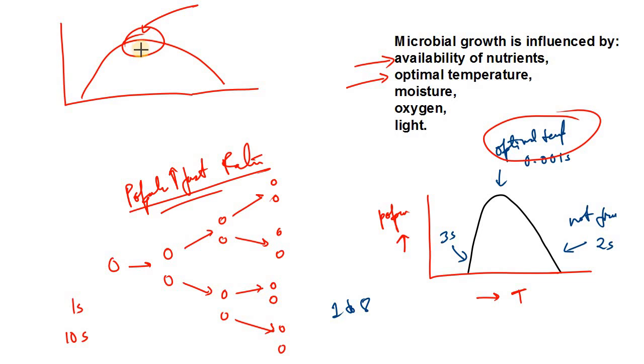Okay, so what do we do? We keep the temperature either very high or very low, then the population will decrease. Remember, we cannot entirely stop their population. For that you have to decrease or increase the temperature much high or much low, but that is often not very possible. We use a refrigerator for lowering the temperature.